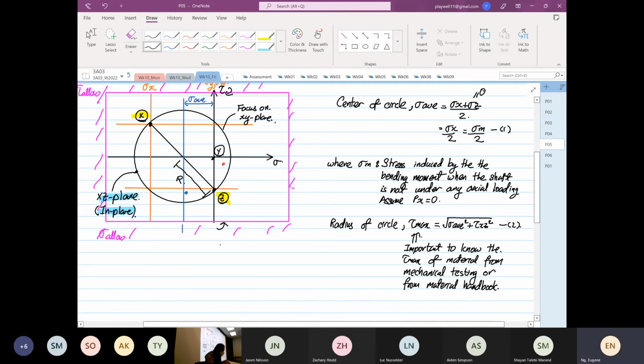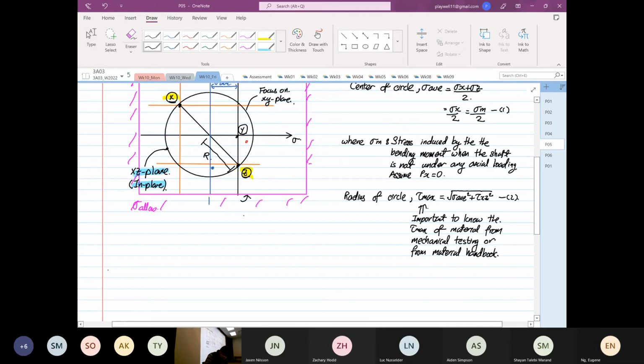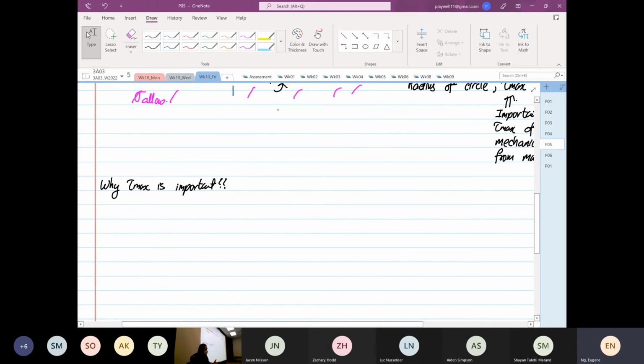So now, why tau max? Right? Why is it important that we have to use tau max? Okay, so the next equation is why tau max. Okay, why tau max. So if we were to look into a shaft, right?